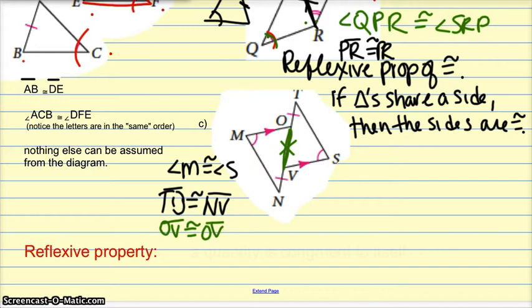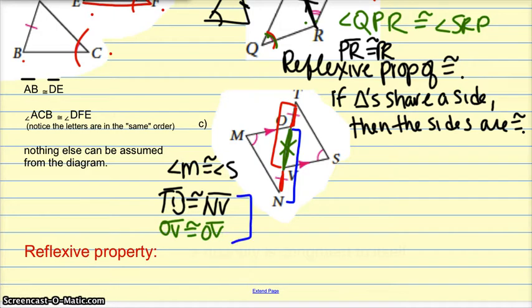So think about this in sides of a triangle. They both share this red portion at either end. So what happens is that the whole side of the triangle is congruent.